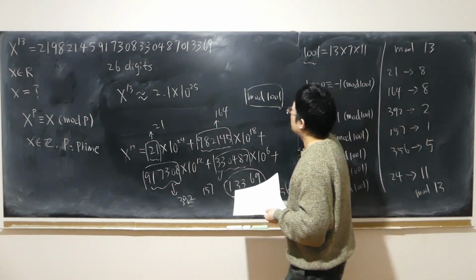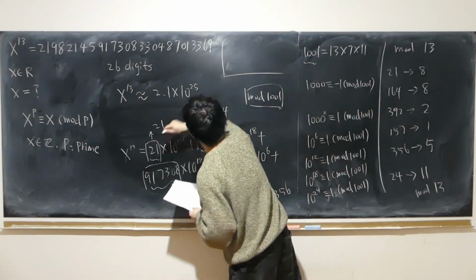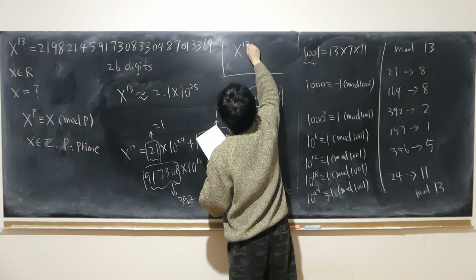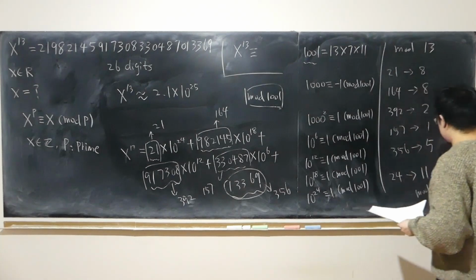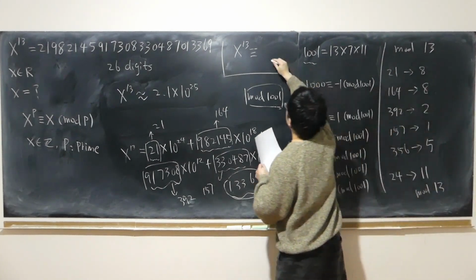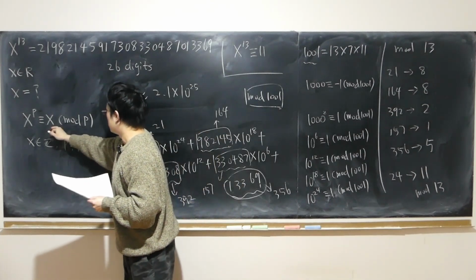So which means this x to the power 13 remainder is 11. Remainder is, like I said, Fermat's little theorem.